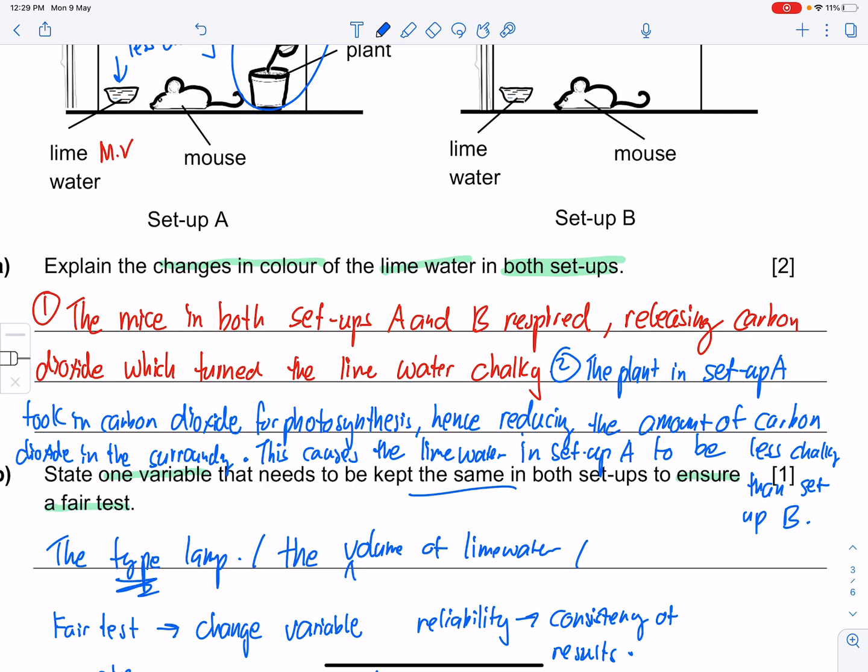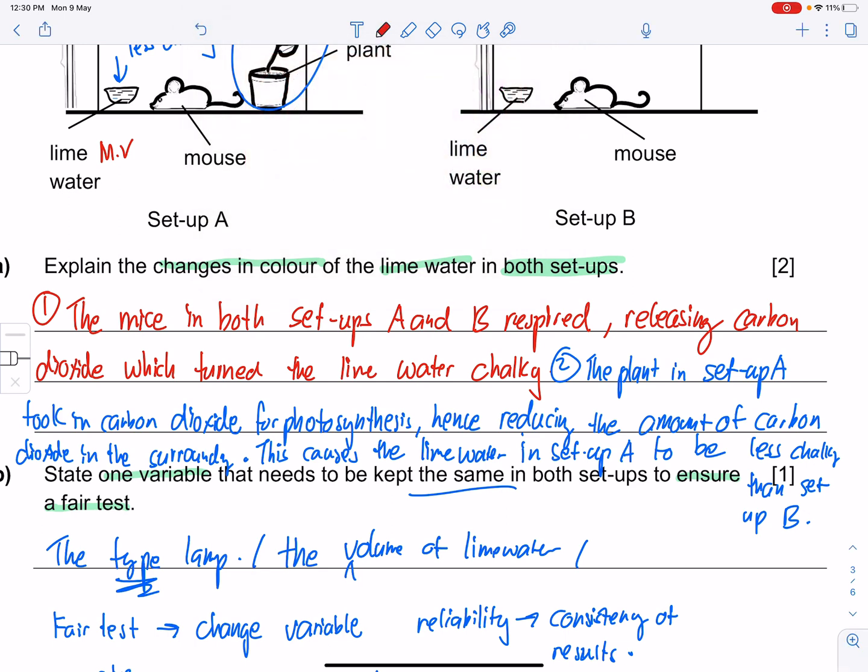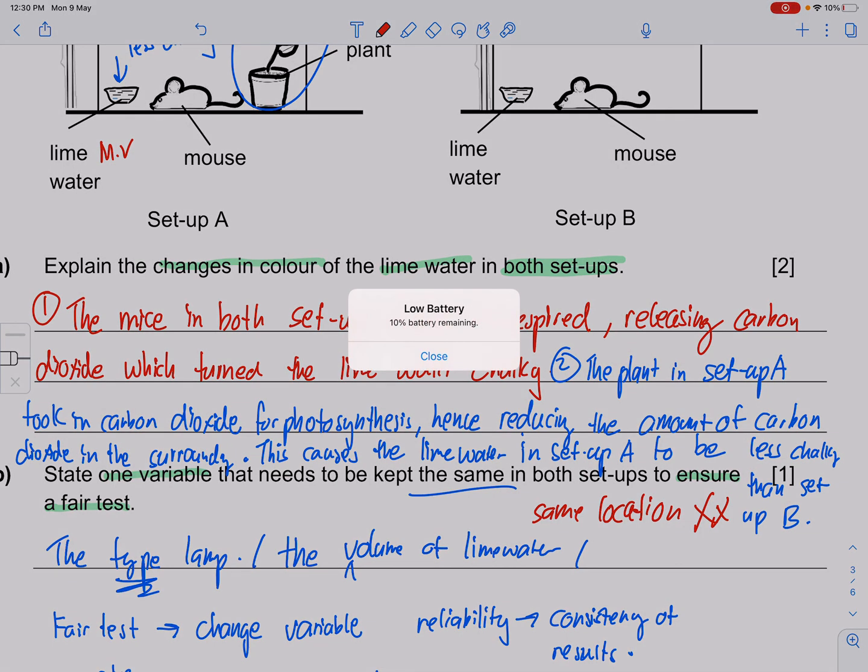And please do not, absolutely in red, tell me same location. No. This is a big no. Why? Now, let's just say, what's a location? A lab is a location, a classroom is a location.